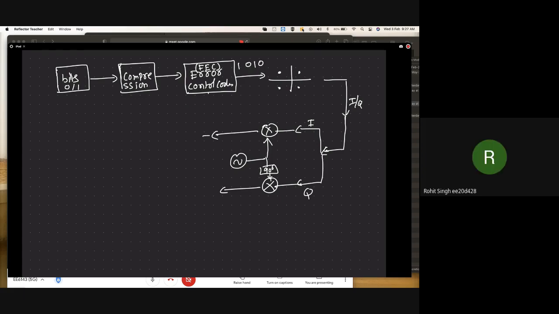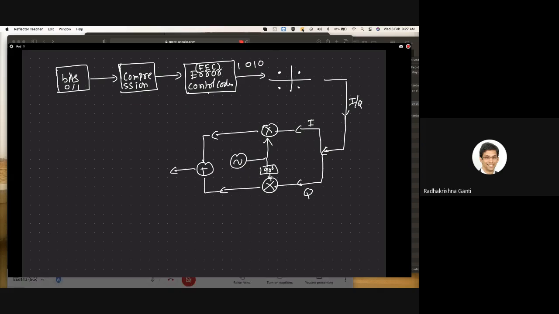Sir, there are some doubts in the chat window. Yeah, just 1 minute. So is there any specific reason to normalize energy to 1? The thing is, it will become clear when we go ahead. Theoretically, it's a good idea to normalize to 1 because it will make your calculations of energy easier.